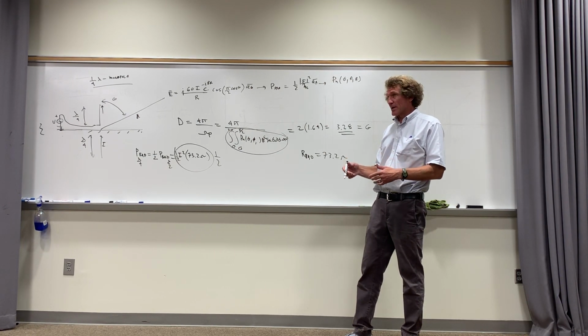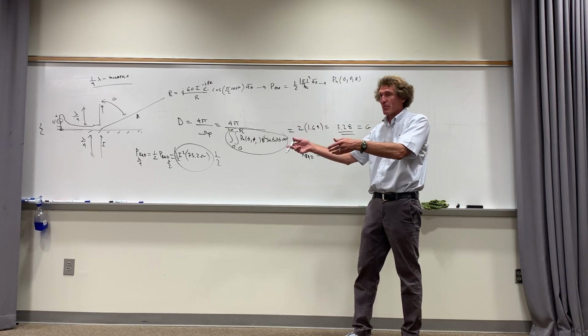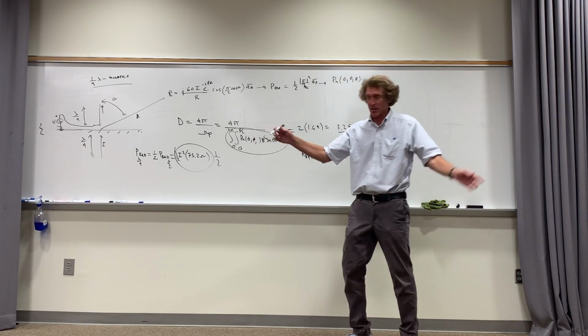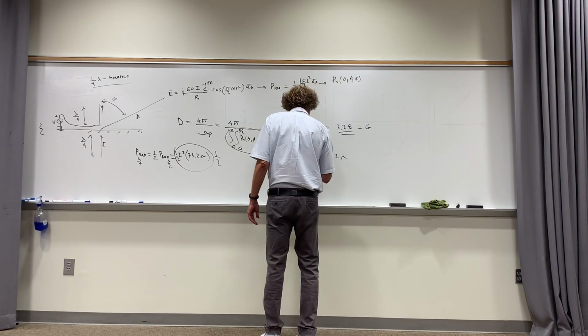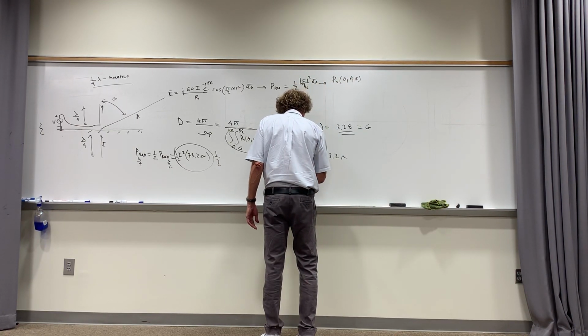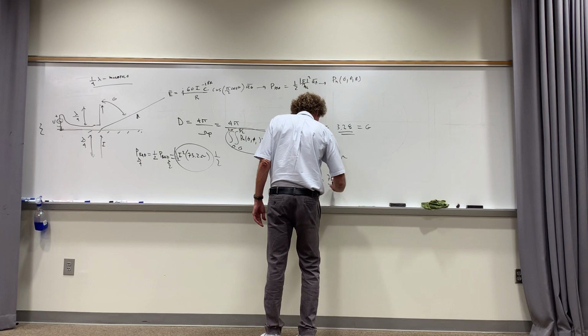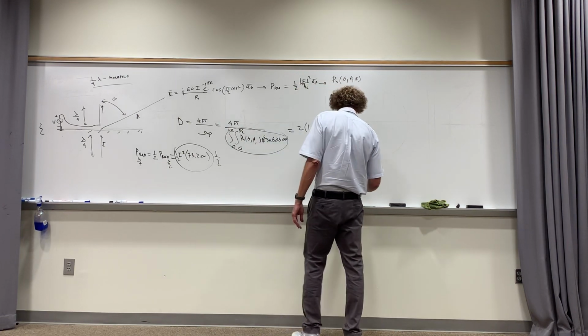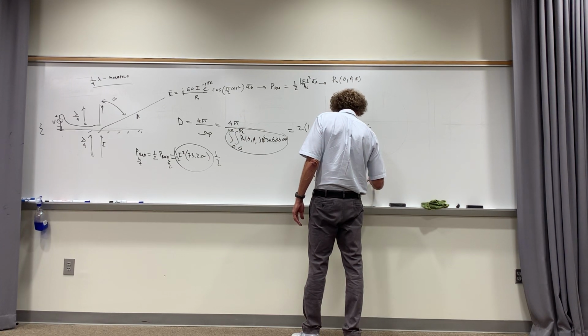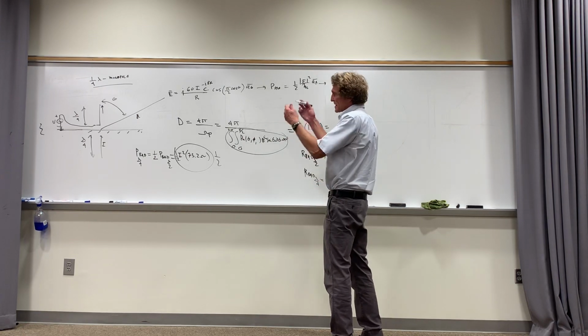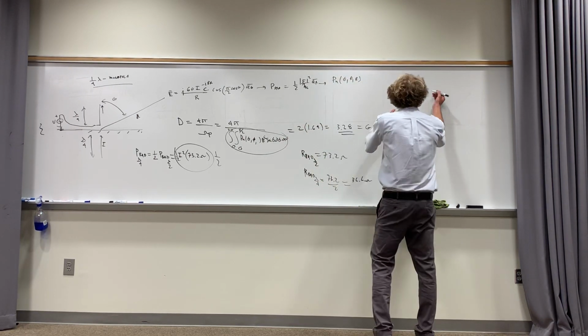Well, that would mean the radiation resistance for the monopole would be half that, because it's radiating over half the space with the same current. So the radiation resistance for a monopole, that's lambda over 2 dipole. R rad for lambda over 4 monopole would be 73.2 divided by 2, and that's what, 36.6 ohms.